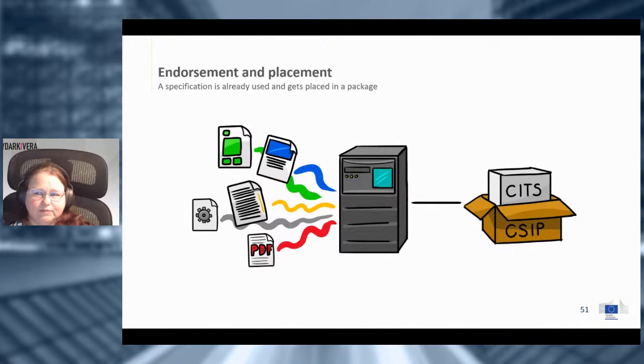First one is endorsement and placement. So there is a specification widely used. That means that we can create a CITS that actually only tells use this specification for this type of information, and when you place it into the information package, you do it like this.